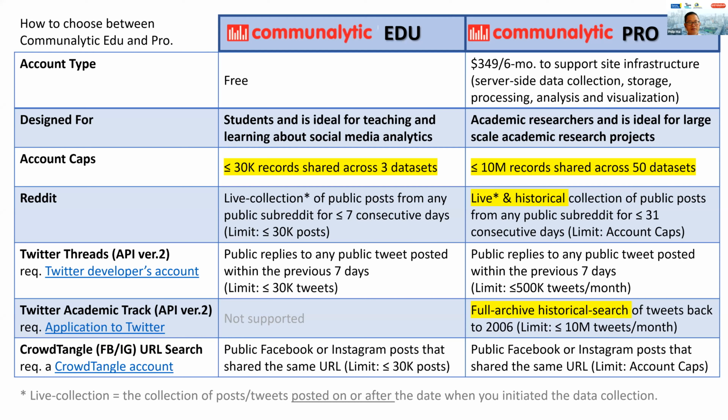With the Pro, you can collect up to 10 million records shared across 50 data sets. With the Pro, you can also collect historical data. With the EDU, you can only collect live data, for example on Twitter. With Communalytic Pro, you get full archive historical research if you also have access to the Twitter academic track. So those are the main differences: the size and the type of data you can collect.